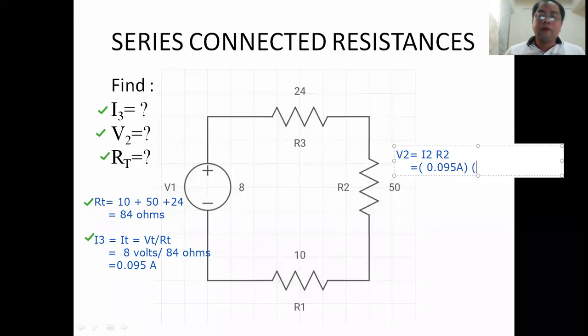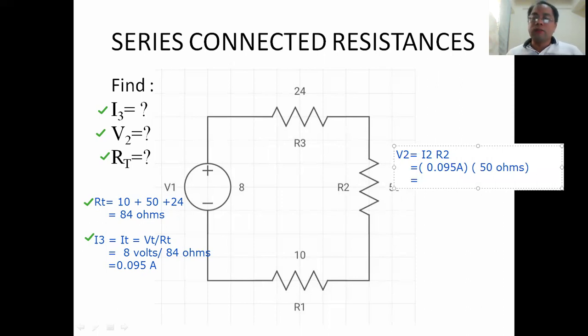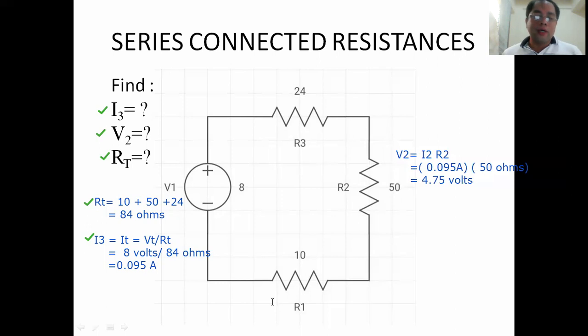Now, if our R2 is 50 ohms, the product gives you your number of volts. So that's 50 times 0.095, so that's 4.75. Okay, so we've calculated already the 3 values of our circuit.